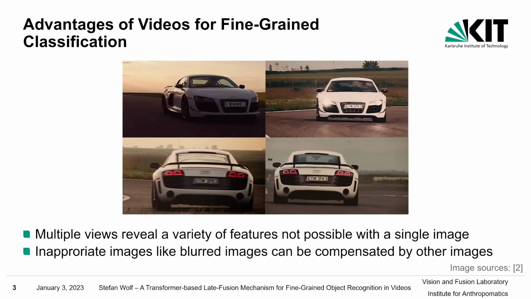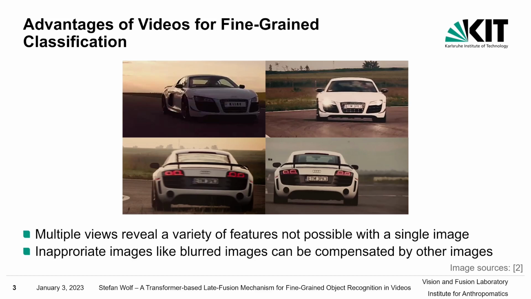Why should we use videos for this task? Like I've said, we really have to focus on fine visual differences to distinguish cars. Here it's useful to have as many features as possible for the classification, and videos provide us different views of a car.